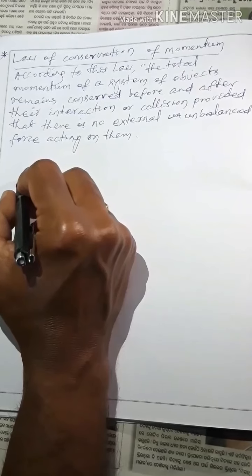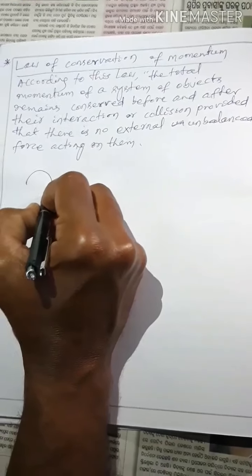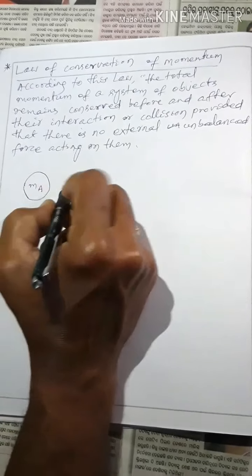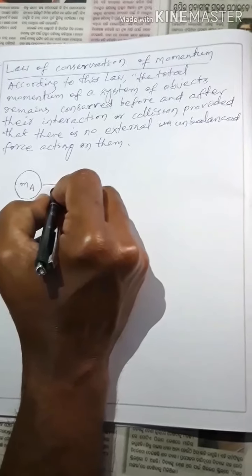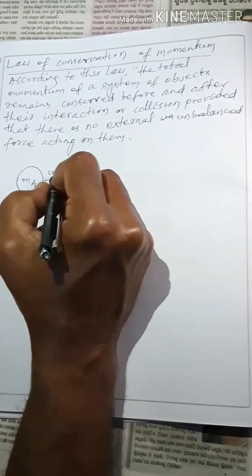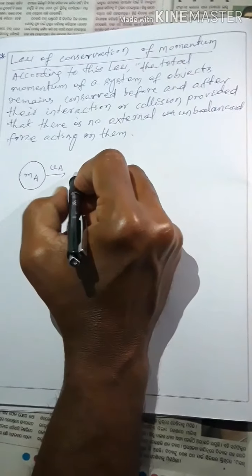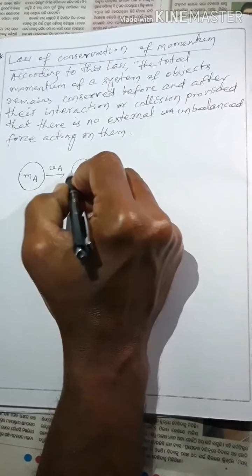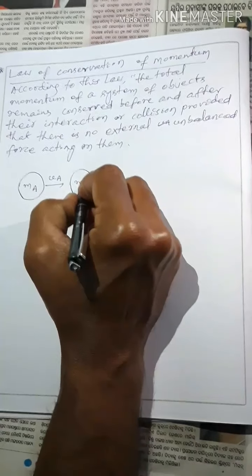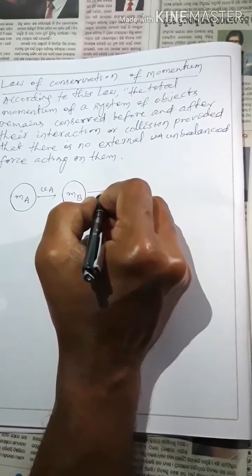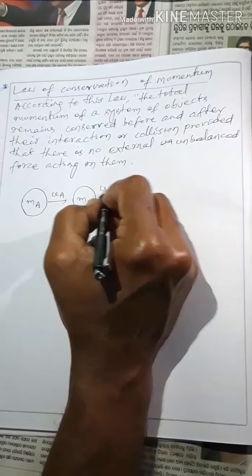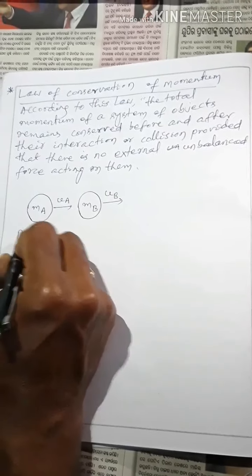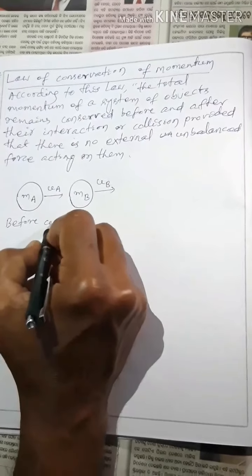Here a body of mass ma has initial velocity ua. Another body of mass mb has initial velocity ub. So this is before collision.